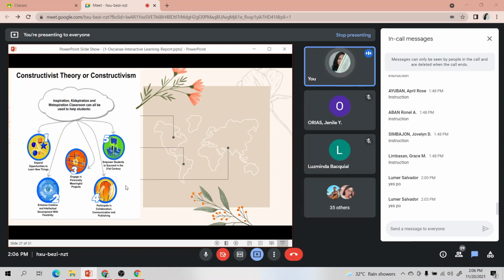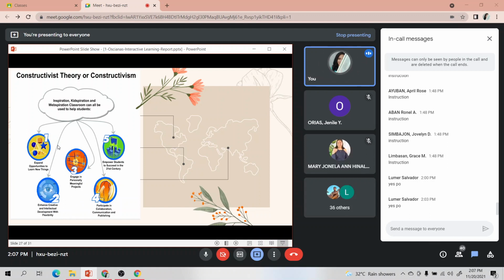Okay, so here we have the constructivist theory or constructivism. So Inspiration, Kidspiration, and Webspiration classroom can all be used to help students first expand opportunities to learn new things. So, di ba, the students can explore more. And then second, enhance creative and intellectual development with flexibility. Third, engage in personally meaningful projects.